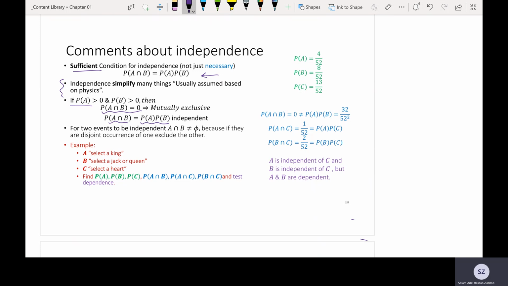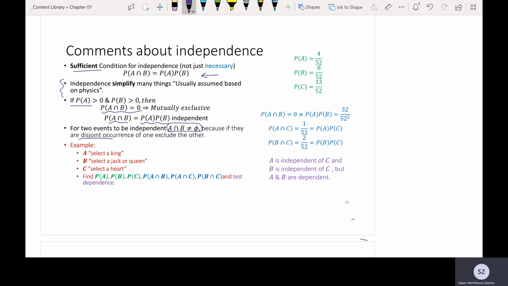We know. Mutually exclusive means that if one happens, the other cannot happen. So they are dependent, they have a relation to each other. Whereas with independent events, if one happens, it does not affect the other. So for two events to be independent, this should not be empty. There must be common elements. We cannot have no common elements, because if they are disjoint, then basically one excludes the other.